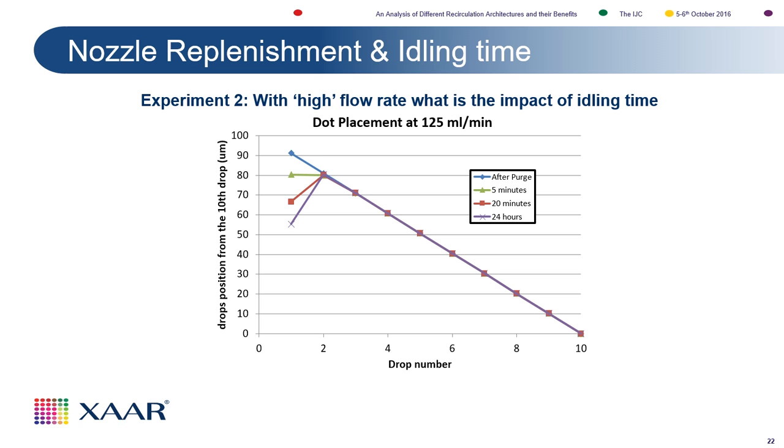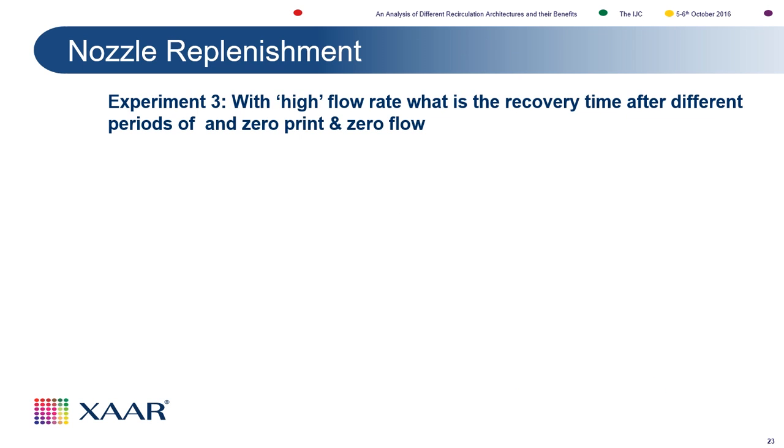And the last one is really looking at recovery time. This is looking at when you have zero print and zero flow, so you actually switch the recirculation off. Can recirculation help you get back to a better condition, with a lower number of failed nozzles quicker?